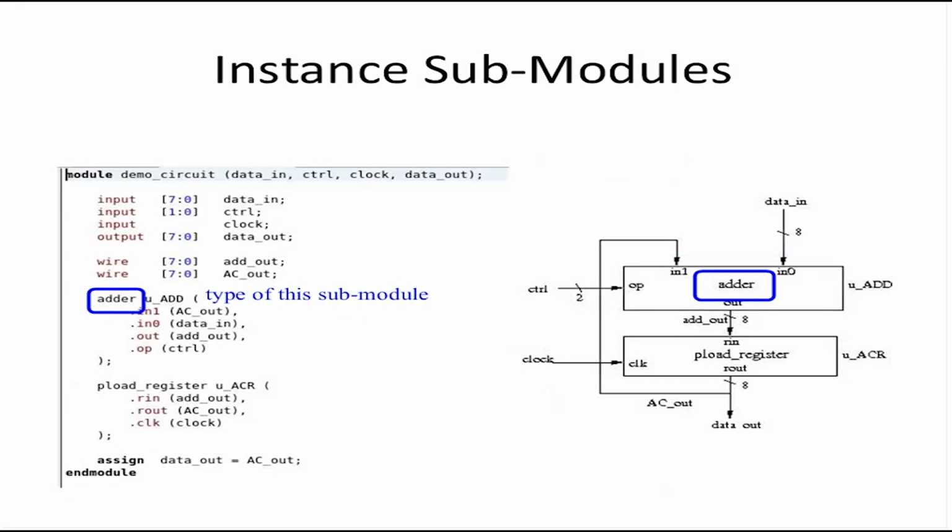In these slides we do not specify what this adder contains, but it is understood that adder will again be a module which will implement the functionality of the adder, which will actually do A plus B, and data out is fed back here.